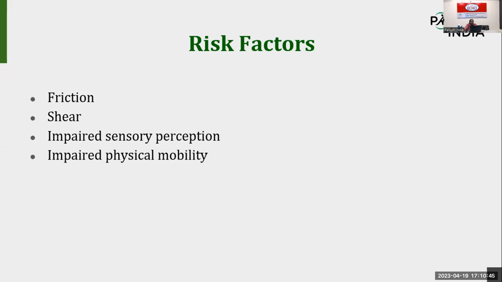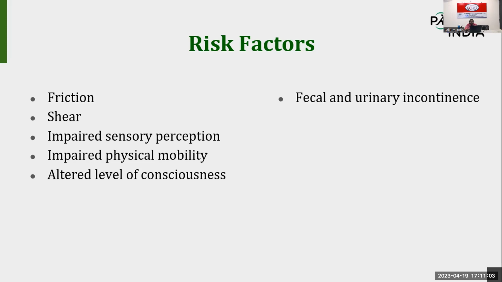So that patient can get pressure ulcer easily, and the physical mobility is also affected. They are not able to move independently. Altered level of consciousness, either semi-conscious or unconscious patients, is also a risk factor for getting pressure ulcer.